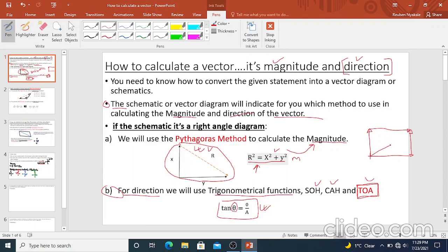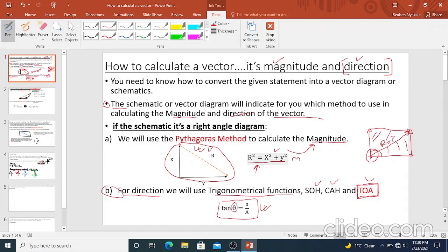Calculate the resultant. Now, this is what I need to calculate here. The angle that I need to determine is this angle if I'm working with that triangle there, or it will be the bottom one if I've decided to work with this triangle. You always calculate the angle of where you have started.